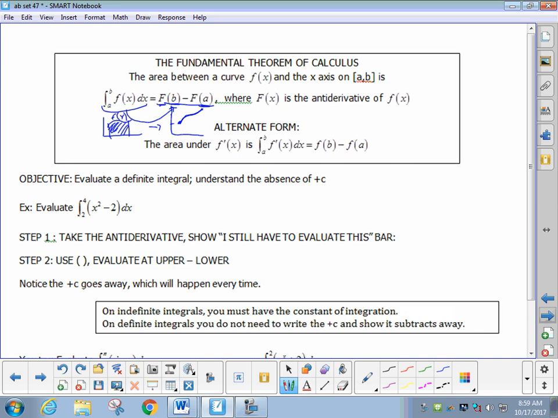Depending on how you look at the original curve, this is another way to look at it. Say that instead of finding the area under f, you thought of that as a derivative. Then the area under that curve would be the antiderivative, which is a little cleaner. What's the antiderivative of f prime?